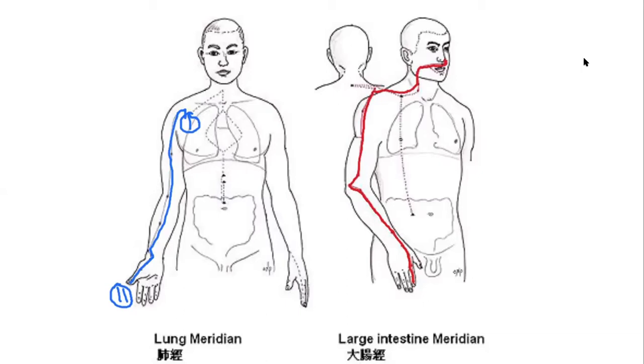So Large Intestine 1 is right here, and it goes to 20. The meridian qi starts running from the lung channel, starting in the chest area, going to the fingers. See how close they are? They basically go from the thumb to the index finger and to right next to your nose.